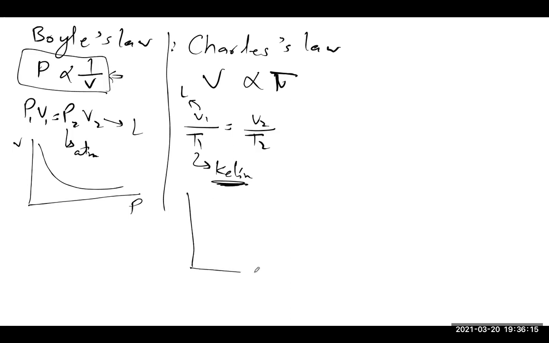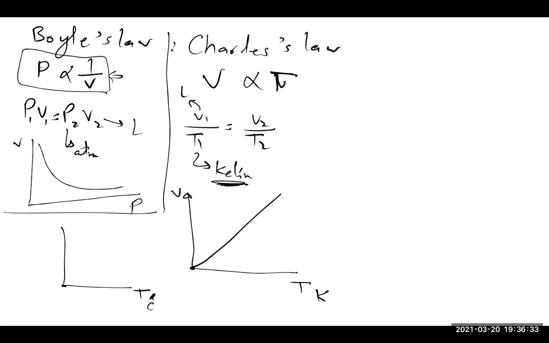If we draw, actually for Charles we have two graphs. The first one, if we have the temperature in Kelvin and V, we will have a line through the origin. And if we have T in Celsius and V, we will have a line, but it will not pass through 0,0, because if we extend this one, it will reach minus 273.